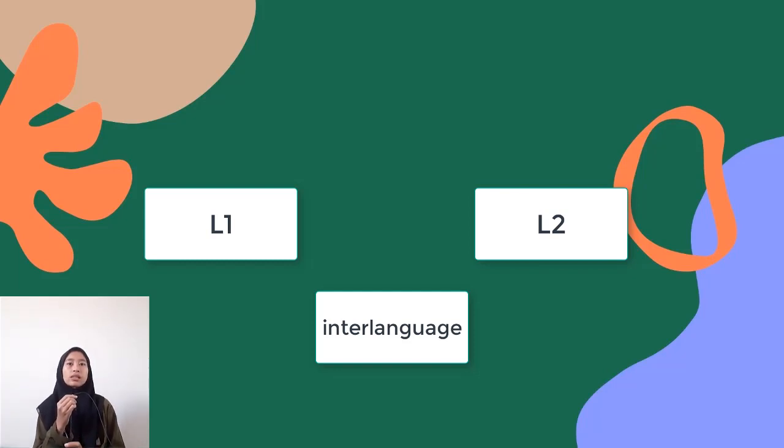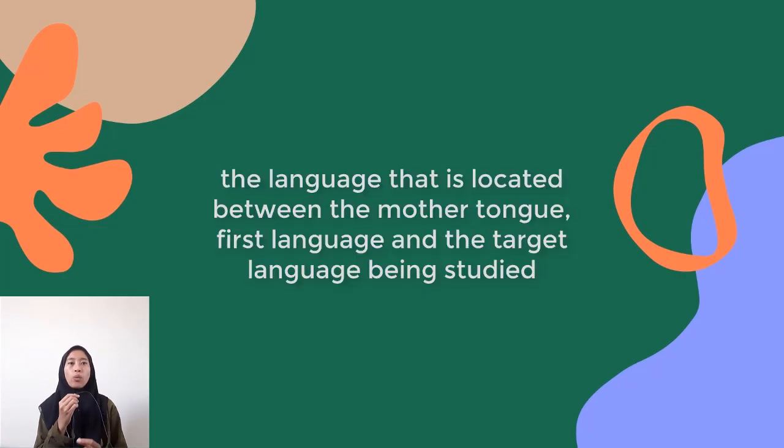Or, on the other hand, interlanguage is a language process produced when people are in the middle of studying a second language. The process of interlanguage can be defined as a language that is located between the mother tongue, the first language, and the target language being studied.